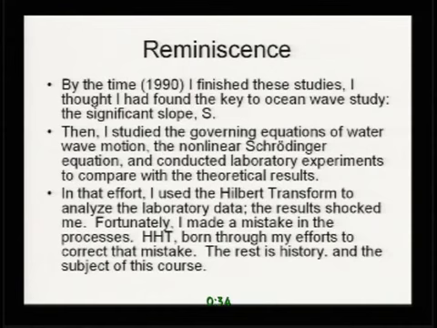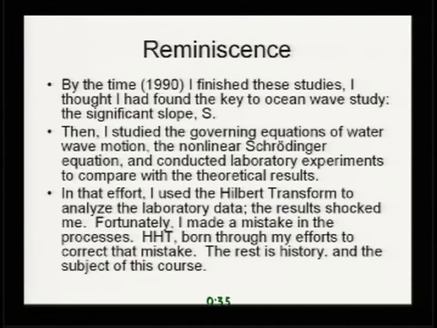But then I got into the study of the Schrödinger equation, and I found that the Schrödinger equation involves amplitude. So I started to use the Schrödinger equation. But in that effort, I used Hilbert transformation to study the laboratory data, and I made a mistake.